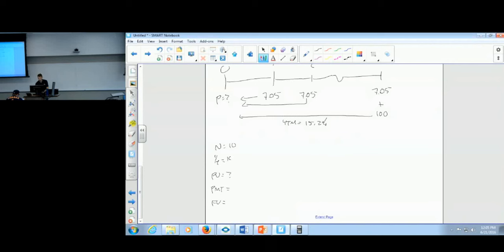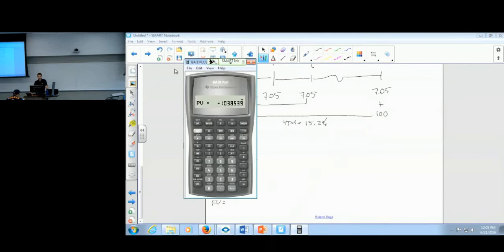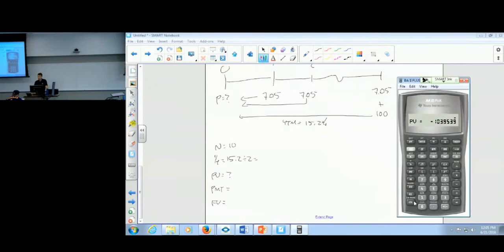All right, so our I over Y is going to be 15.2 divided by 2. Since I've already got all that plugged into my calculator, instead of clearing it out, I'm just going to change the I over Y. So I type in 15.2 divided by 2 equals, and press I over Y to store it, and everything else should still be the same.